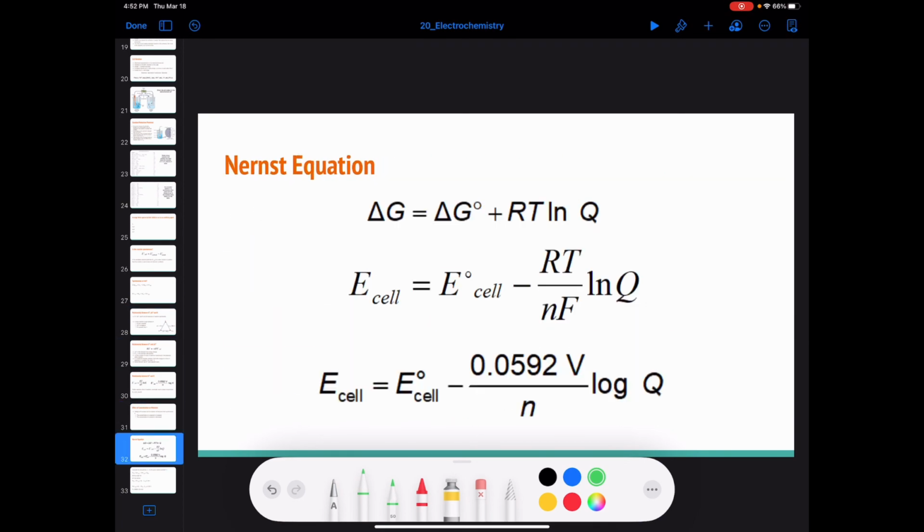Well, just like always, if it's not at equilibrium, instead of using K, what do we use? Q, our reaction quotient, right? But then we have to factor in what it would be at equilibrium. So that's where we factor in either our delta G naught value or our E naught cell potential, and then we factor in our Q value for each of those. Okay, so let's see that one in action, because that one is a little more than just a very simple plug and chug.